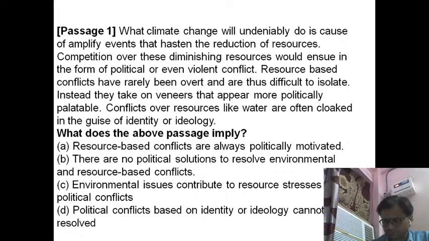Okay. Now, this passage here is very important for you guys to understand, and you should also participate in answering this question. Try to get the gist of what has been inferred in the passage. This is quite important for you guys to answer.